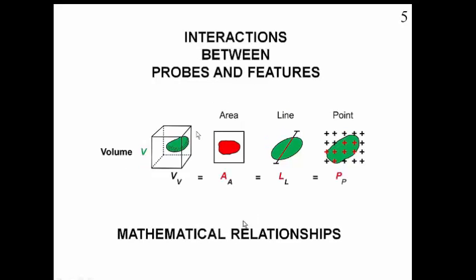And these measures can be used through mathematical relationship equations to relate to the volume of the object. For example, here the ratio of the red points to the total number of points is going to be equal to the volume of the object versus the volume of the sample, or the reference volume. Here we're looking at the interaction of the line with the object versus the total length of the line, length per unit length, or area per unit area.